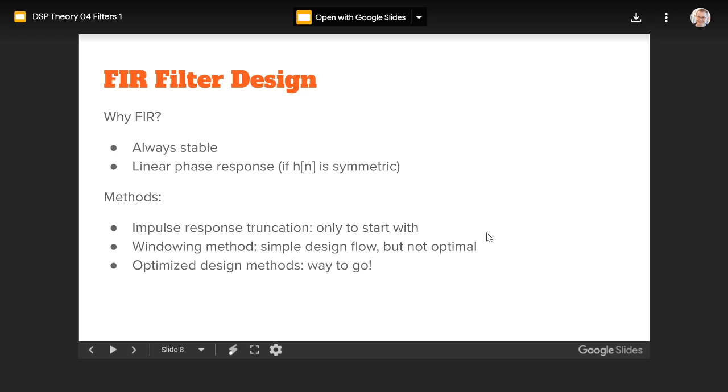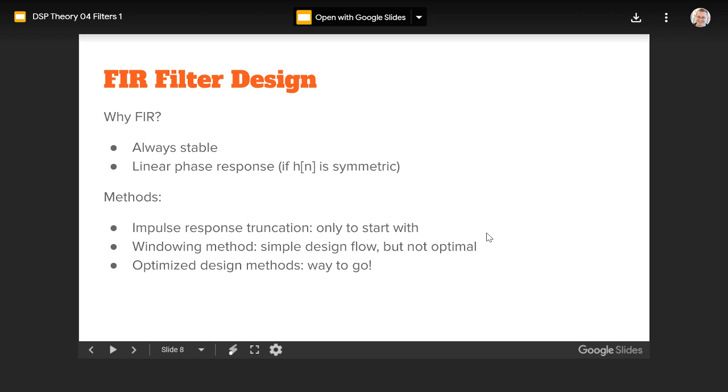There are three methods mentioned, but basically the first one is only to start with. That's a very crude way of doing, say, a model for an analog system. There's an example of that one.